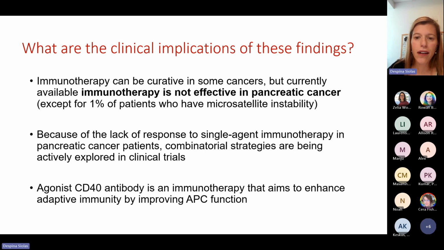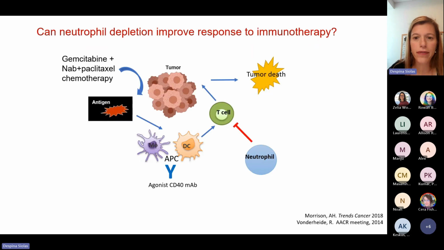And one combination that was pioneered by a colleague of ours, Bob Vonderheide, was the combination of chemotherapy with a CD40 agonist antibody, which is an immunotherapy that aims to improve antigen-presenting cells. So we were interested in seeing if we depleted neutrophils and improved T cell function, would this combination work in our pancreas tumors?